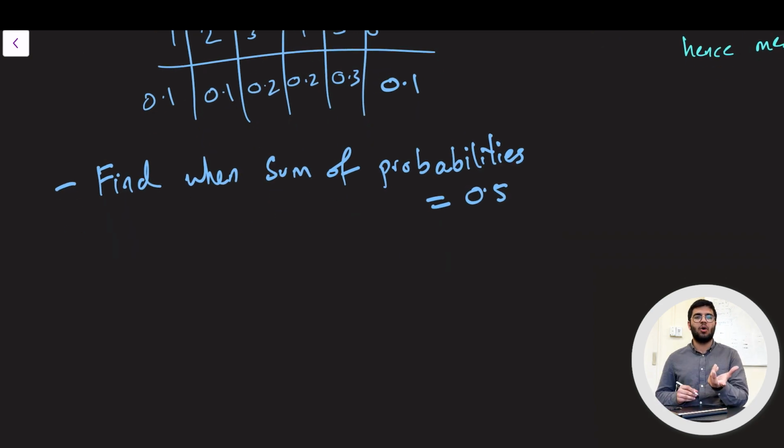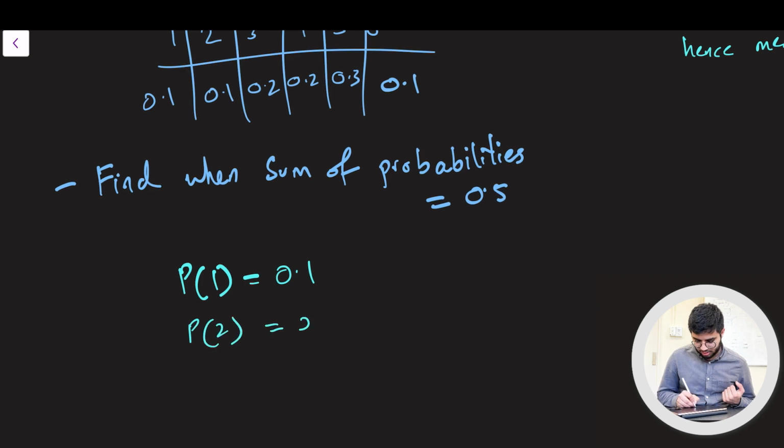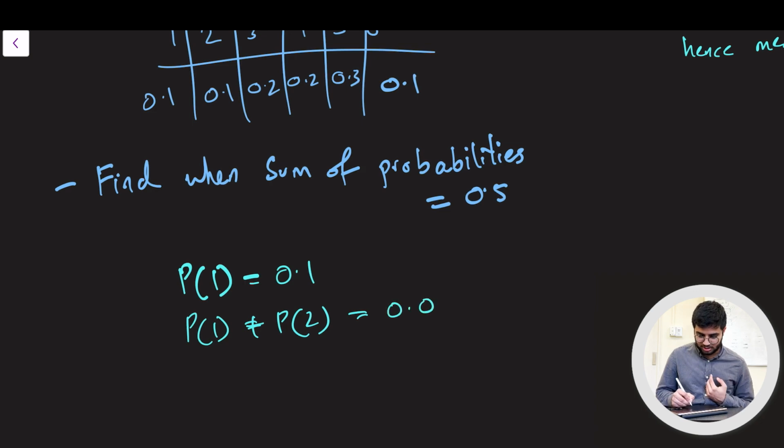That is the goal, and that is how you would find the 50th percentile. Literally how you do that is you just go p of 1 is equal to 0.1, and then plus p of 2, which is 0.1 plus 0.1, so 0.2.